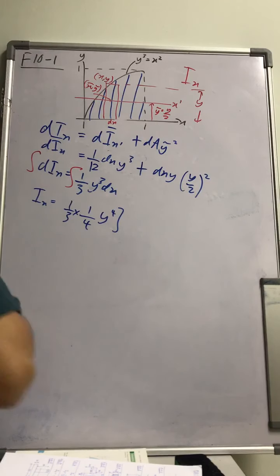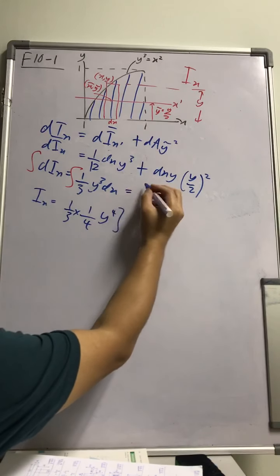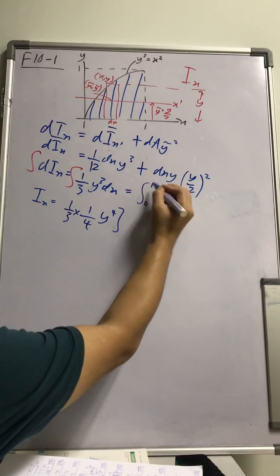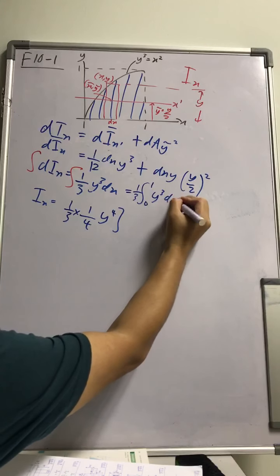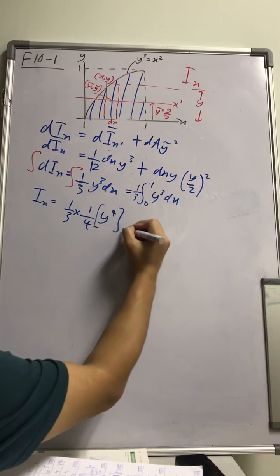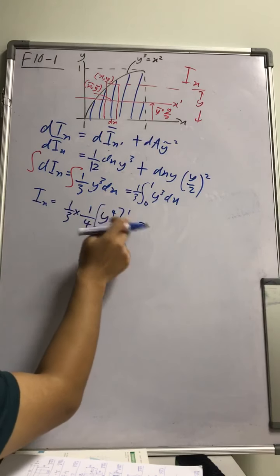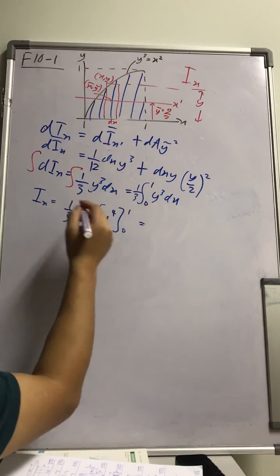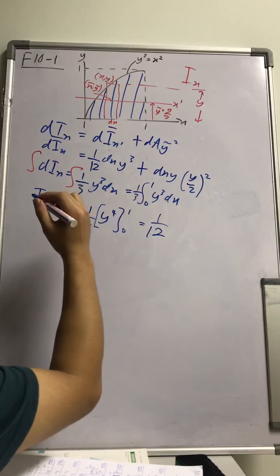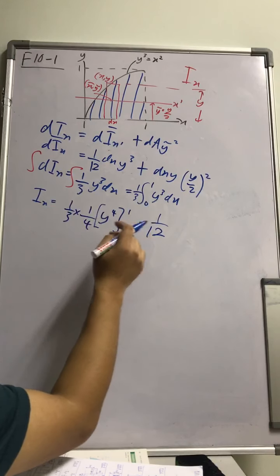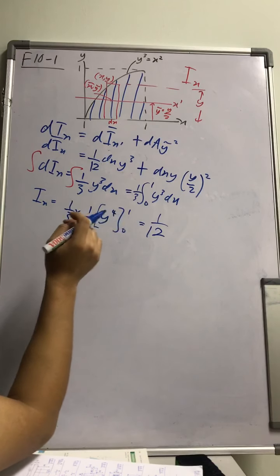So you do the integration from x equals 0 to x equals 1 of 1 over 3 y cubed dx.